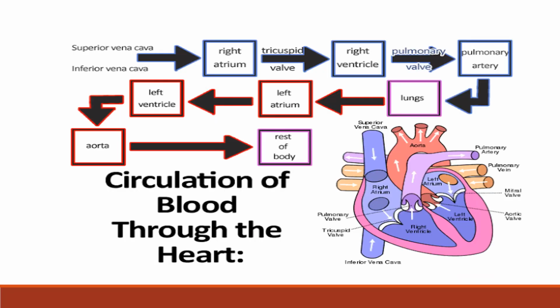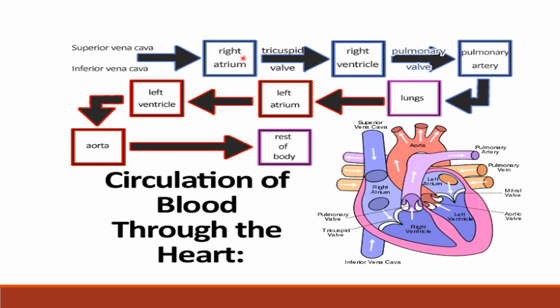Okay children, let us look at the circulation of blood through the heart. This is the flow chart of the circulation of blood through the heart. Once again, I will repeat. First, the superior vena cava and inferior vena cava collect the blood from the body parts and bring it to the right atrium.